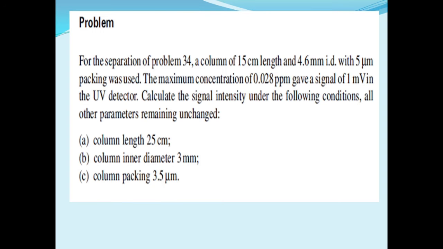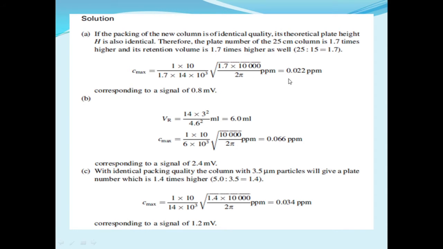Here column length 25 centimeter is given, therefore 25 as to 15 is equal to 1.7.